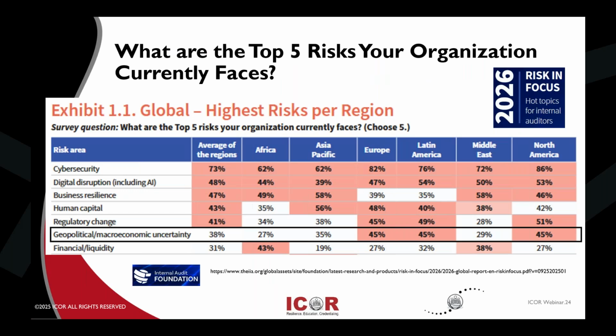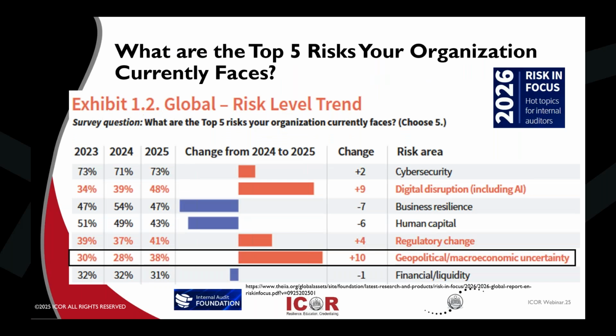Notice there's a different amount by country, with North America, Latin America, and Europe pointing at that as higher than some of the others. Also notice that while it's still sitting in 6th place, it has gained 10 percentage points between 2024 and 2025. So it is becoming, I think in their next survey, you might see this rise into the top 5.